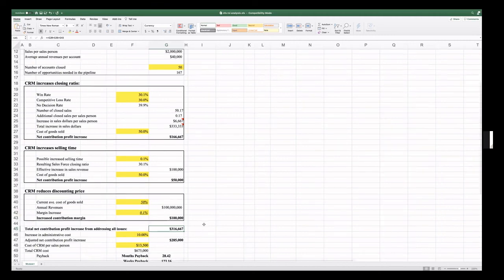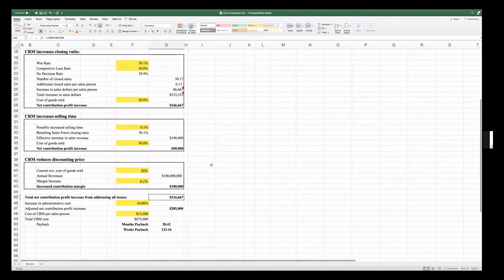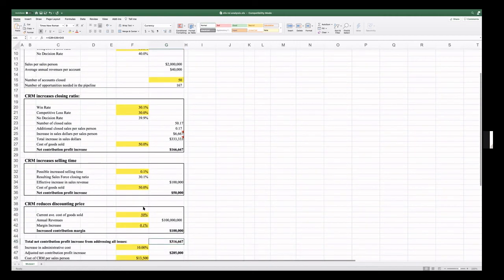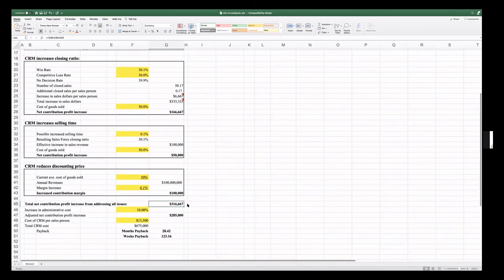So in this scenario, just adding processes that help me increase the sales time 0.1%, and improve discounting by 0.1%, I saved 316,000.